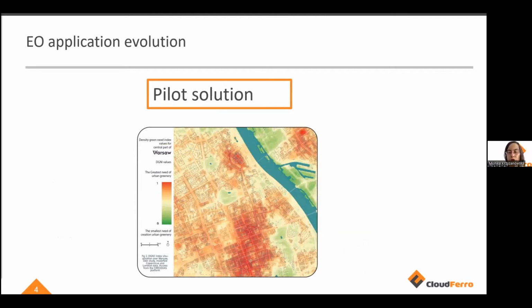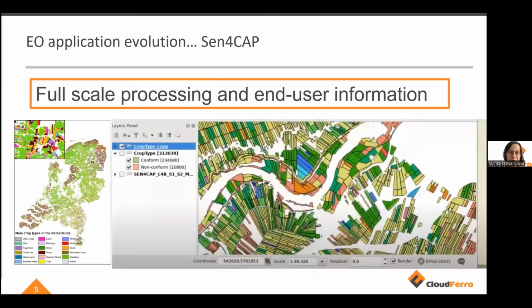But as you saw today during the presentations, to make it a real commercial application, you need to go beyond it. First of all, you need to go into full-scale processing. You cannot just select a bit of training data sets and repeat it all over. You need to go area-wide, country-wide, and you need to be able to add additional functionalities because the end user usually is interested in information.